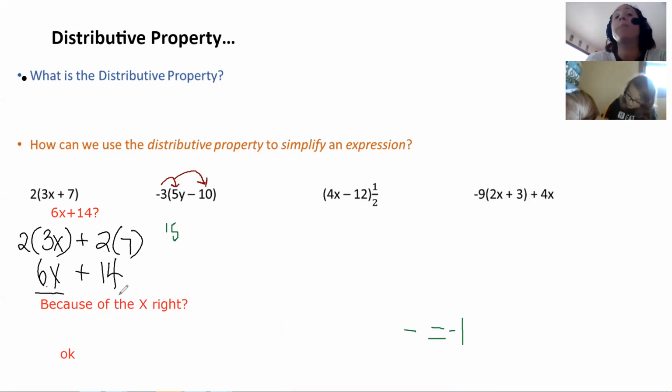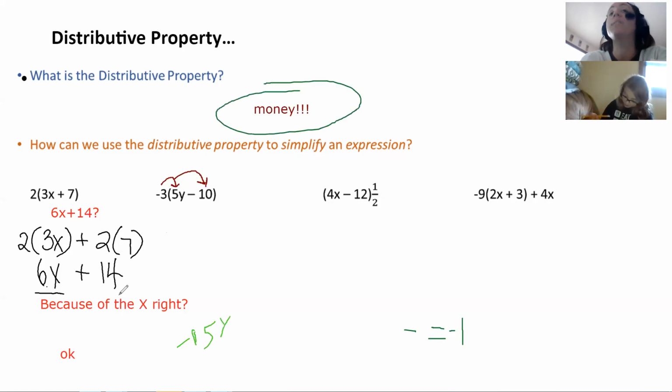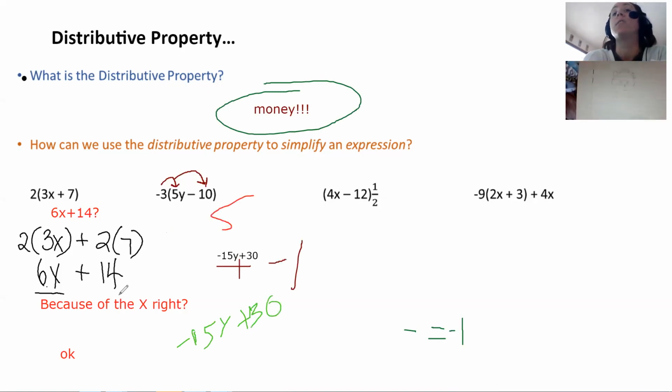So hold on before we actually do the distribution. You guys are on the money. I love it. Very, very good. But you see how it says that 5y minus 10? What do we change that minus 10 to? What do you change that minus 10 to? Plus, yep, plus, and then what turns negative? Yes, very good.